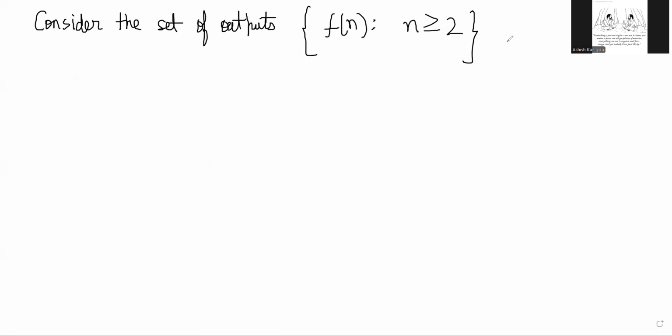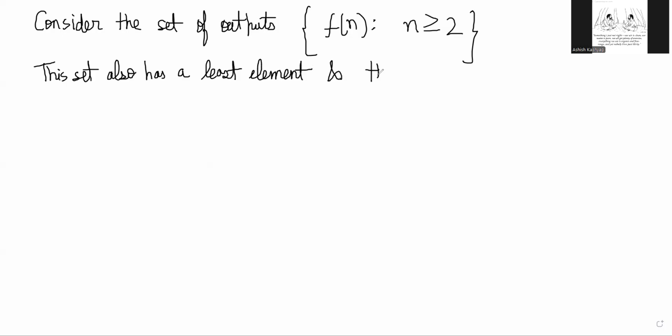Similar to the previous argument, we can prove that this set also has a least element, and by the same argument as before, the least value of this set is f of 2. The reason is the same as earlier, where we saw that the least value of the overall set was f of 1.